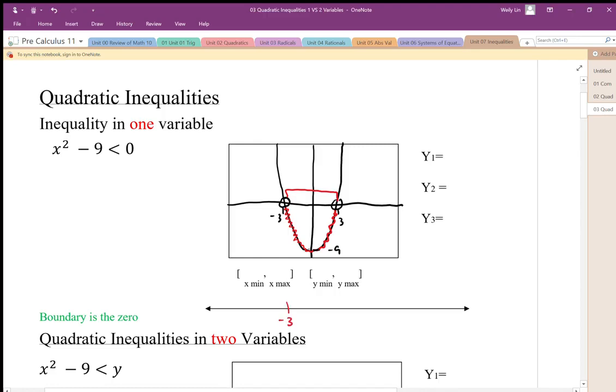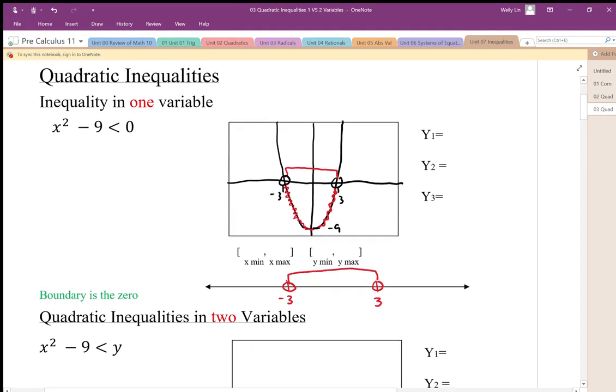I can see the solution in the two-dimensional graph. It is a one-dimensional solution, but we use a two-dimensional graph to help us analyze this. So in general, if you have one variable, it's a one-dimensional solution along the number line. Two variables, we have a two-dimensional solution, and that will be an area in an xy plane.